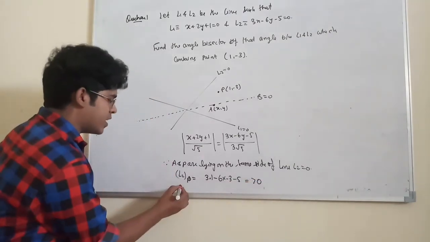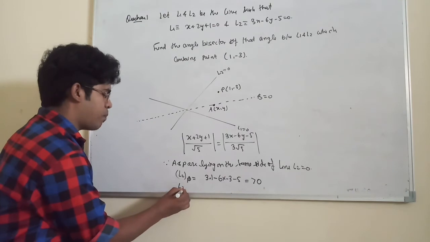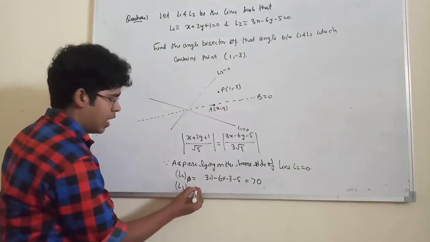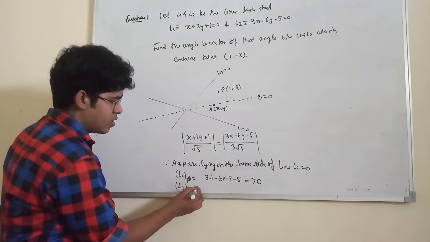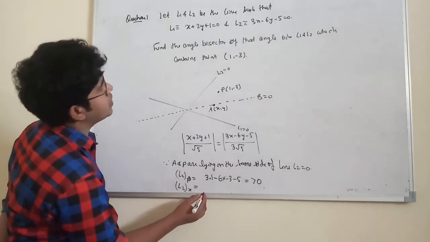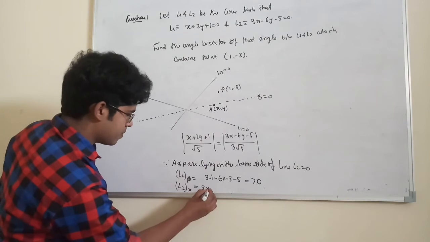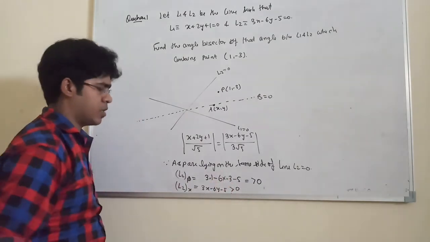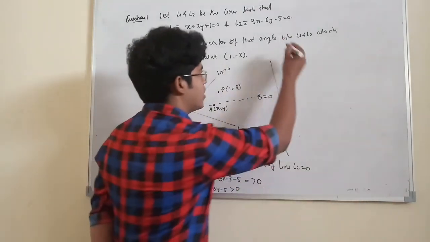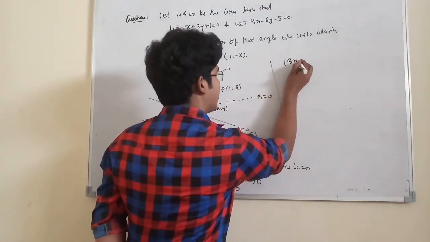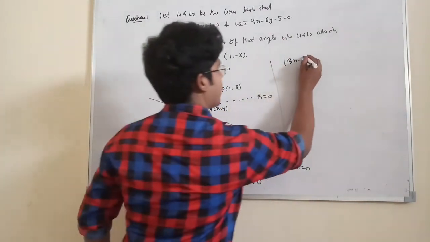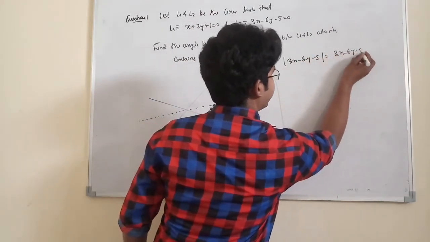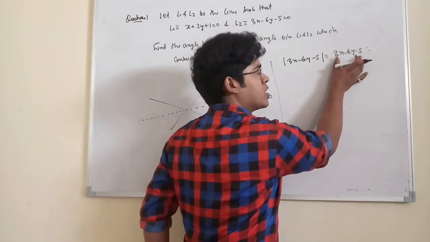So when I substitute the point x comma y in the line L2, I'll again get the positive sign. That is, 3x minus 6y minus 5 will also be greater than 0 because both are lying in the same direction. And we know that modulus of 3x minus 6y minus 5 is equal to 3x minus 6y minus 5 because this is positive.